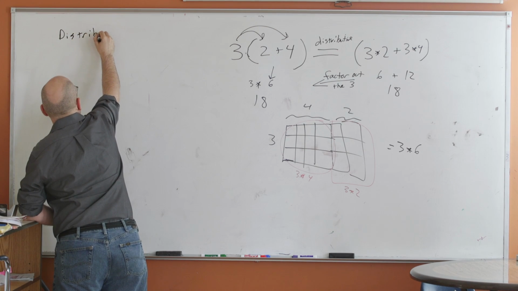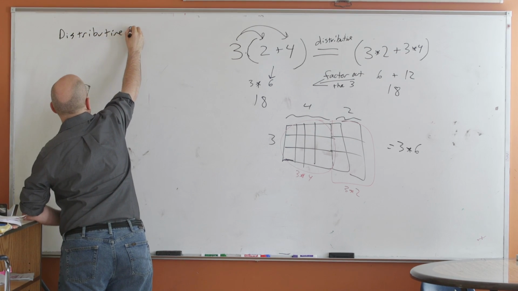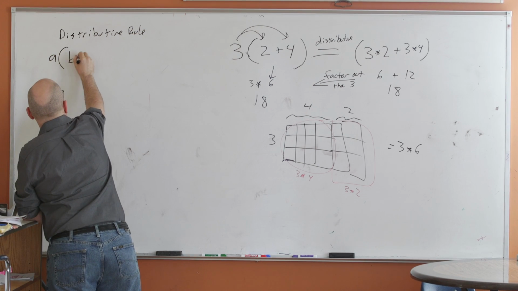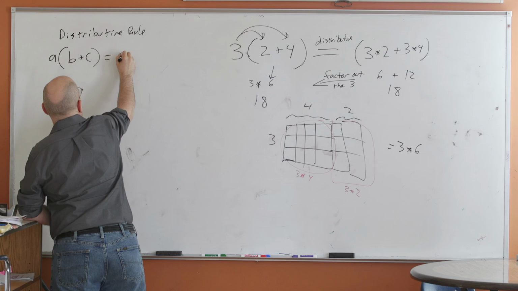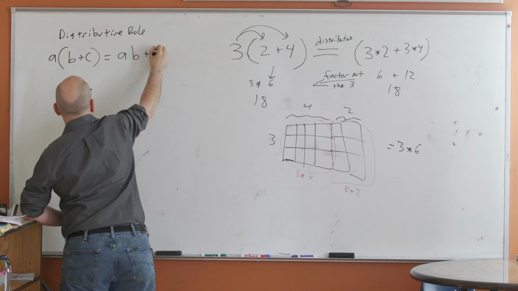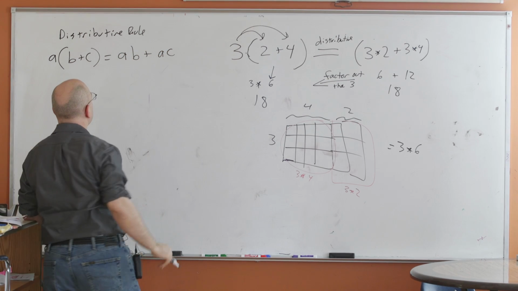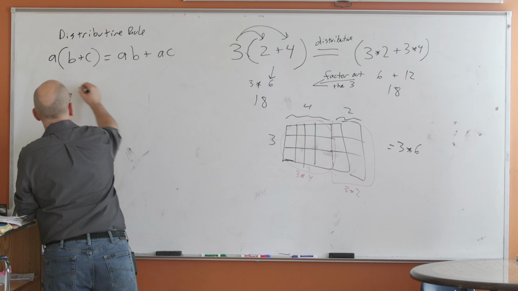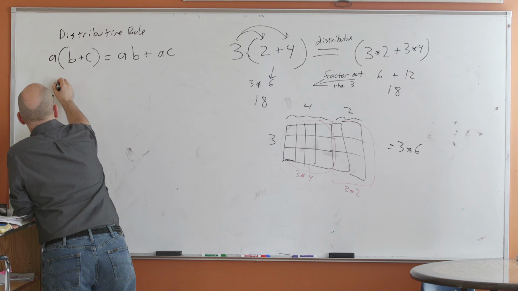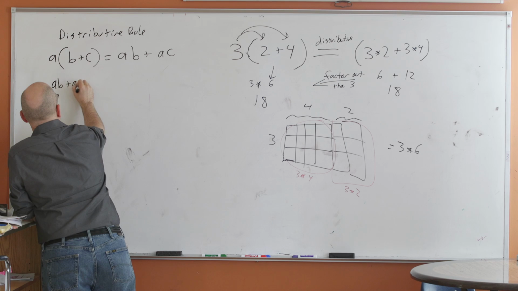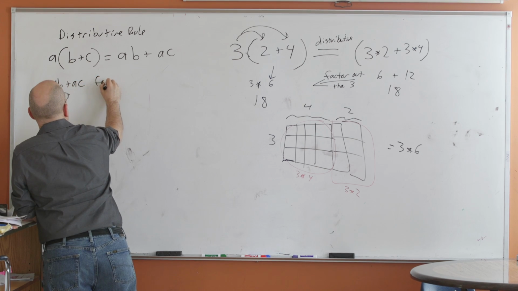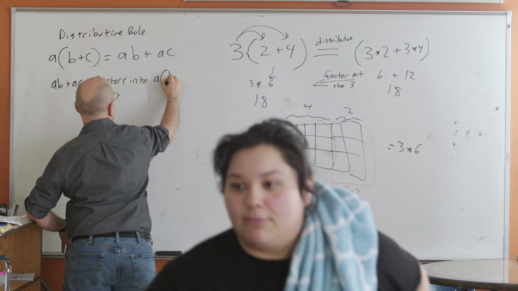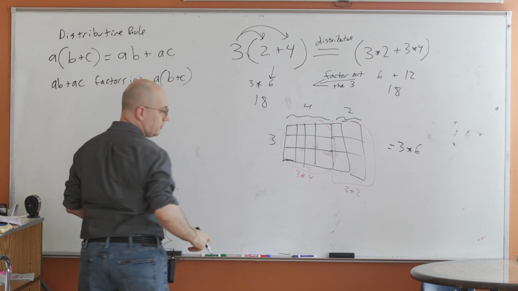The distributive rule in general is A times (B plus C) is equal to A times B plus A times C. And also A times B plus A times C factors into A times (B plus C).